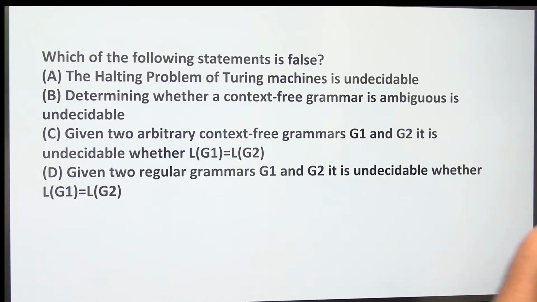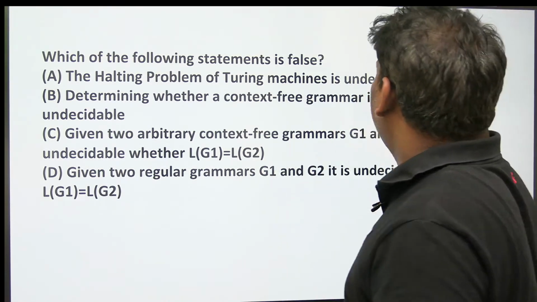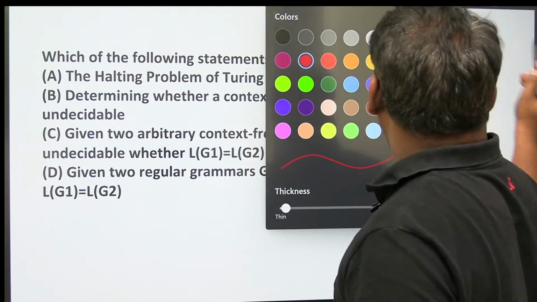Yeah, I have given enough time. Now let's see the answer.